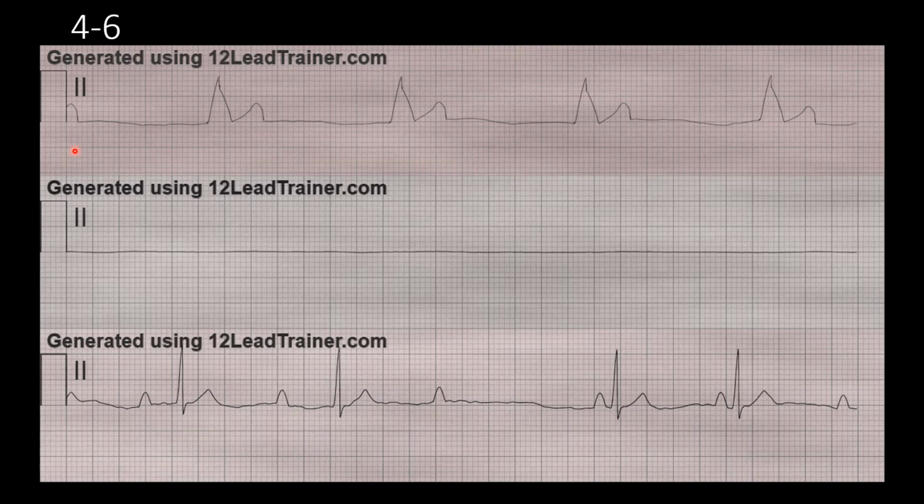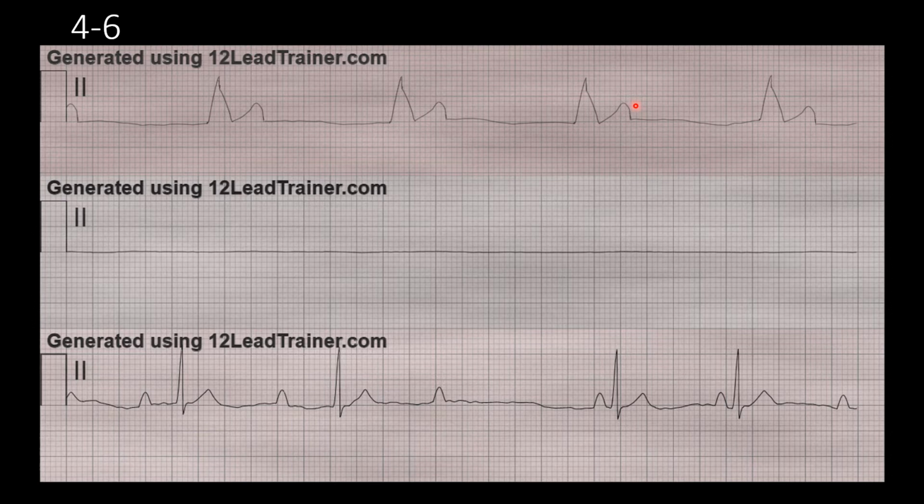Our rate, if we do the dark line method, starting from this little point right here with just the one little square left, we go to this one, 300, 150, 100, 75, 60, 50, 40 about. And then if we actually count these and do the multiplication method, 1, 2, 3, 4, that's also 40. So we'll call the rate 40 here.